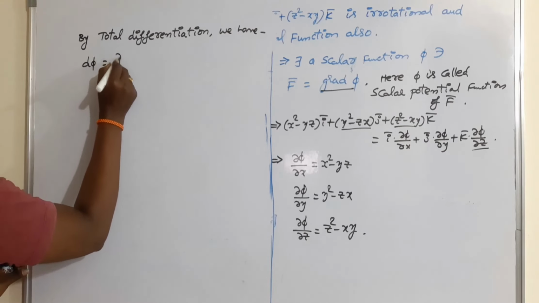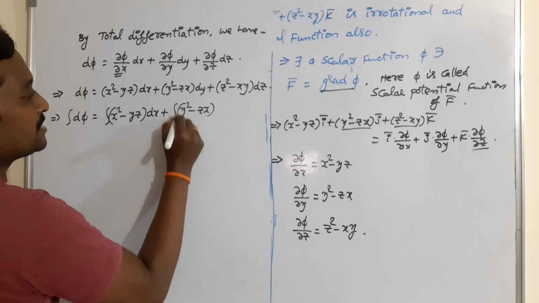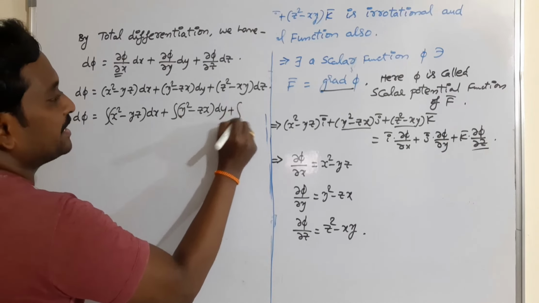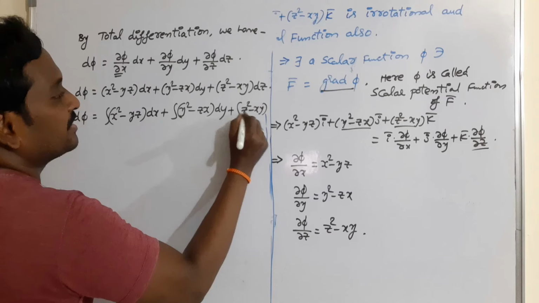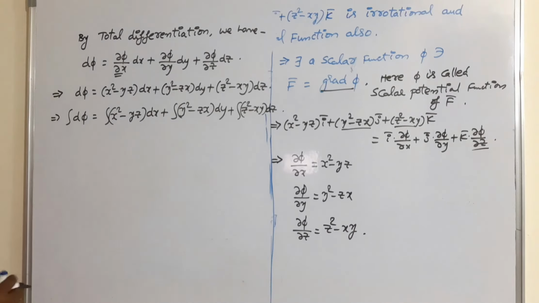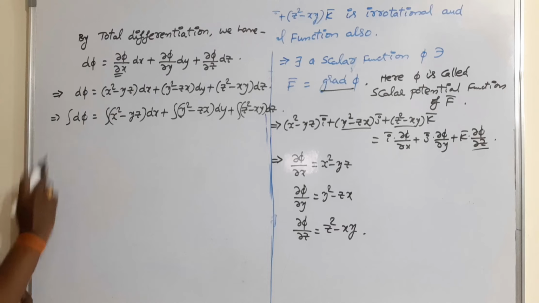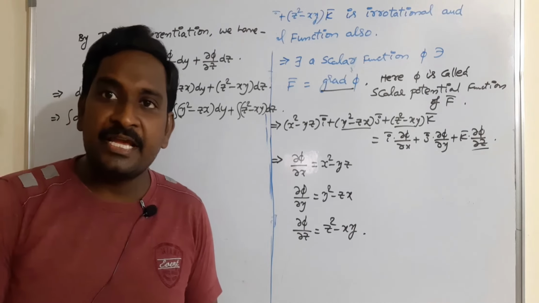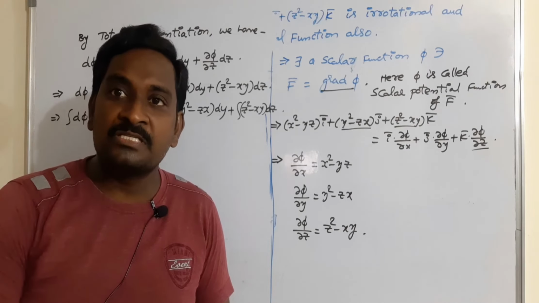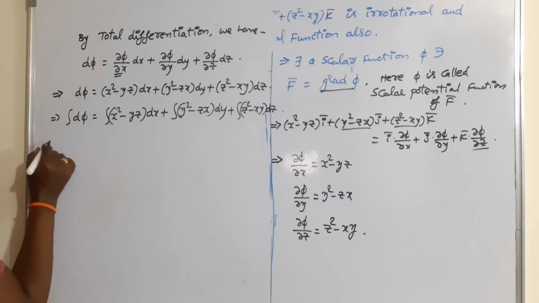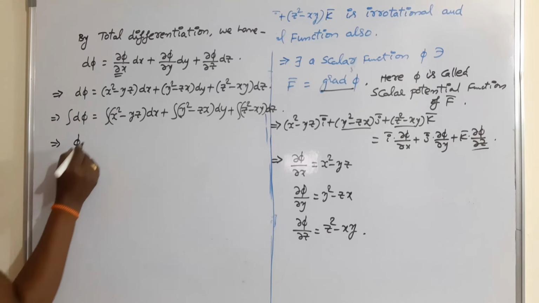You will get integral d phi equal to the integration of (x square minus yz) dx plus the integration of (y square minus zx) dy plus the integration of (z square minus xy) dz. What is the integration of a derivative? Integration and differentiation are inverse procedures to each other. That's why the integration of d phi is phi only. Integration and derivative get cancelled, and you will get the phi value.